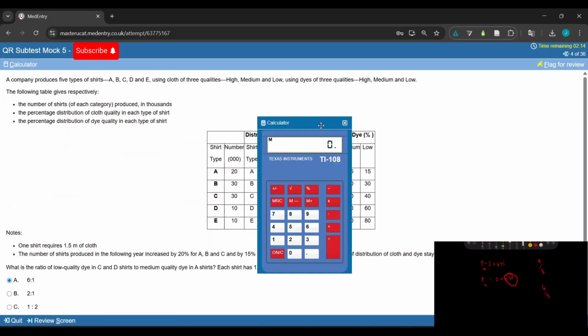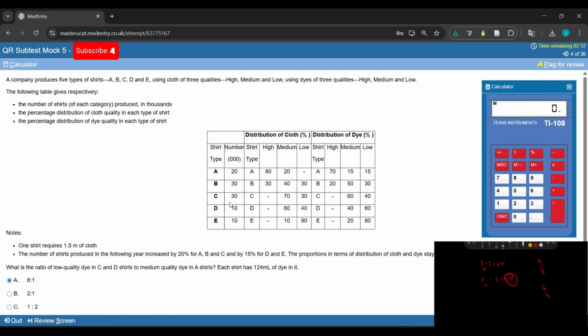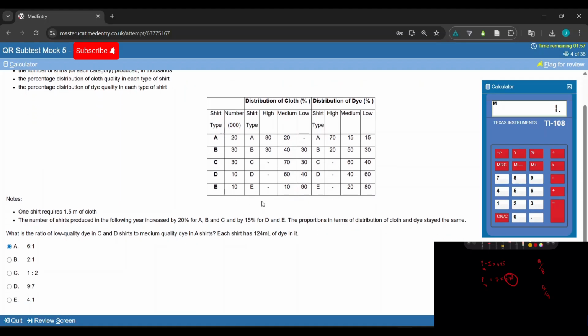With this one, what's the ratio of the low quality dye in C and D shirts to medium quality in A? So the fact is there's twice as much here actually. So it's not 15 to 50%, it's 100 divided by 15. Oh wait, no, but I got that. Hold on.